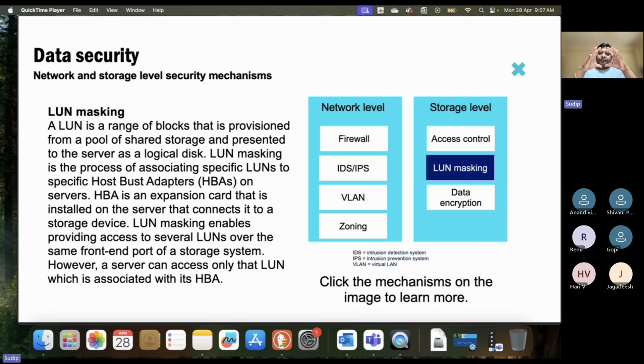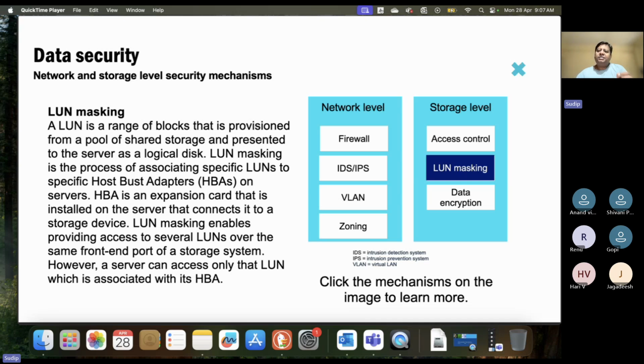After creating this 500 TB volume, you can further slice it into logical segments called LUNs. Each segment is given a unique number, and that's why the name logical unit number.